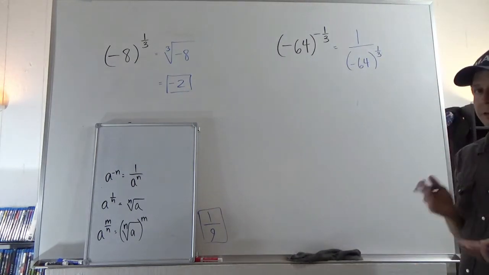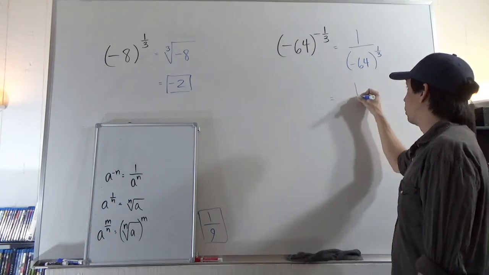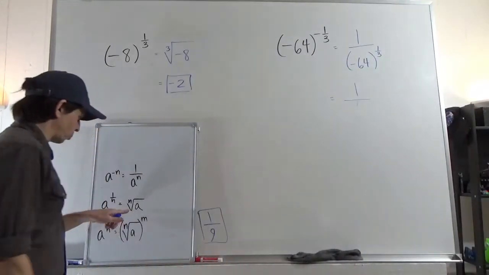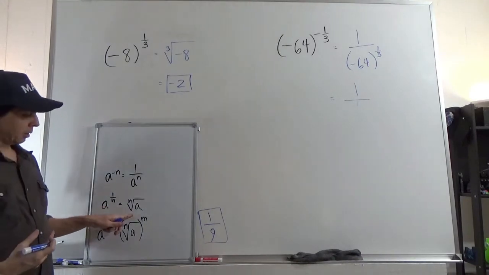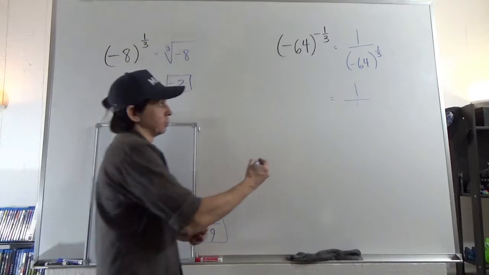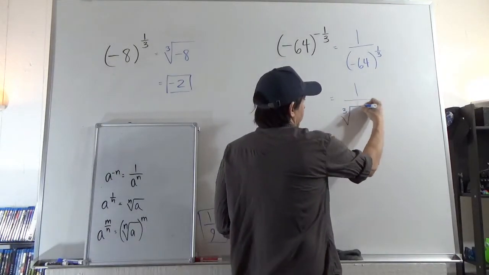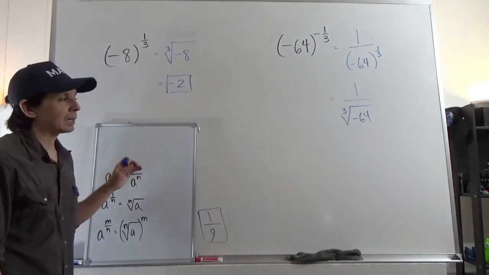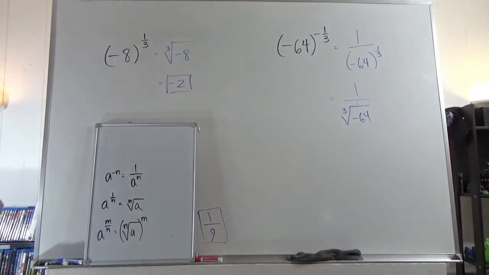And now I'm just simplifying that bottom. 1 over. I'm going to rewrite it as a radical because I'm more used to interpreting it that way. And so the 1/3 power is going to be a cube root. The base there is now my radicand. So it's the cube root of negative 64, but on the bottom of a fraction. And I'm almost done.